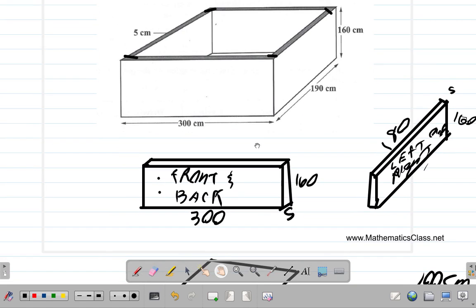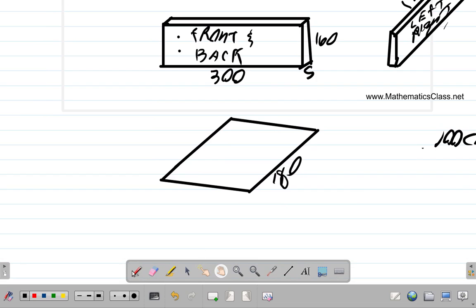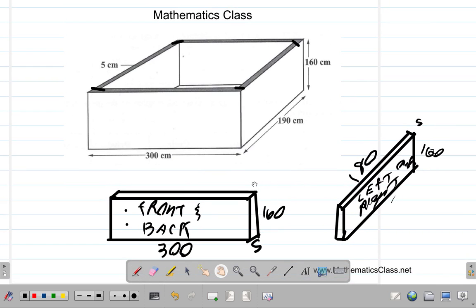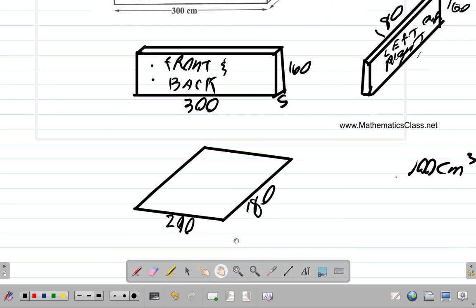And then across, you'd have to minus 5 and minus 5. Right? So that would be 300 minus 10, 290. That would be 290. You see? And the thickness of 5.